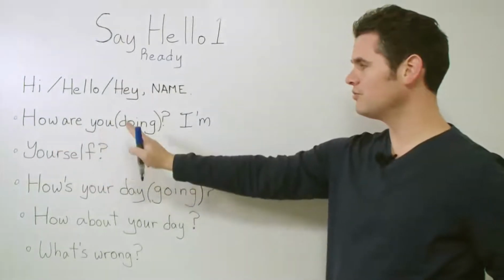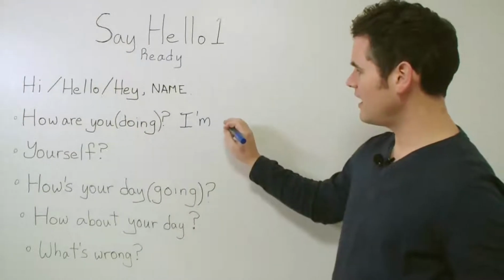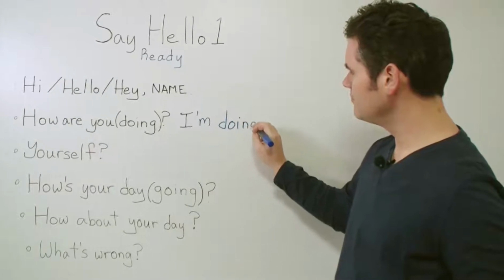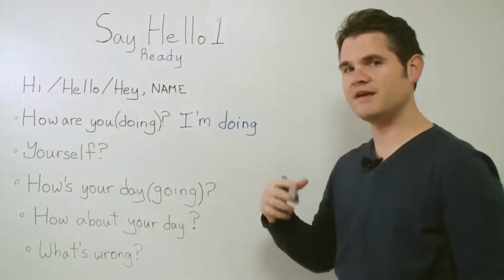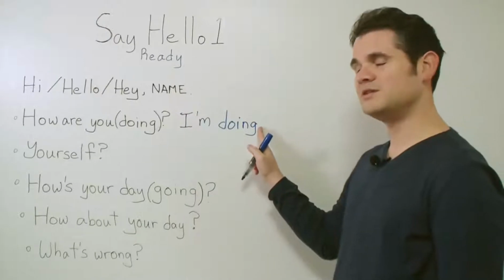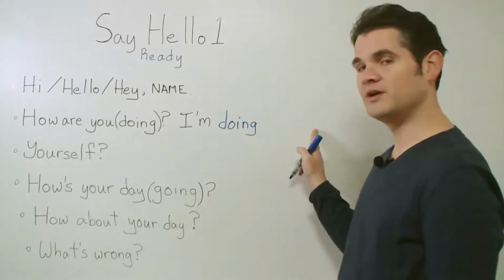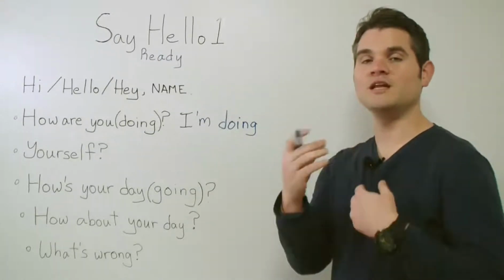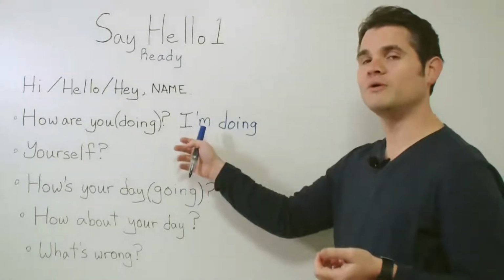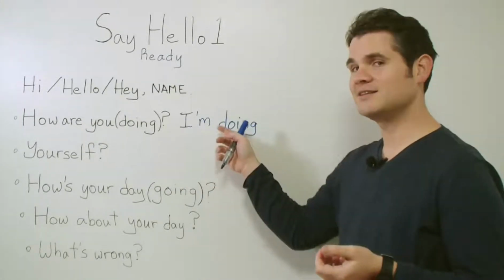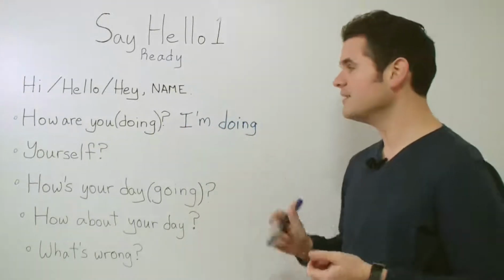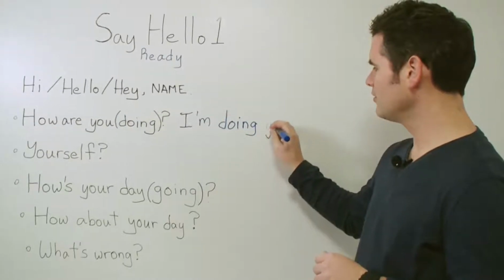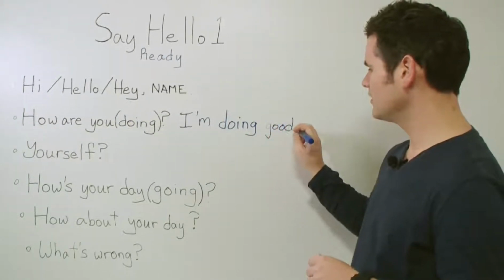Now we're going to answer it in a different way. How are you doing? I'm doing. Doing is a verb. So what we would typically want to follow this with is an adverb. But to be honest with you, many people when speaking, they don't always answer this correctly using this pattern. So, I'm doing good.